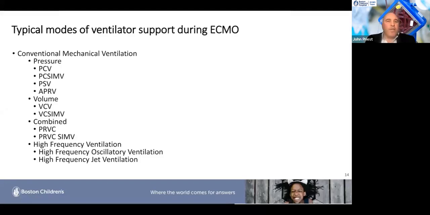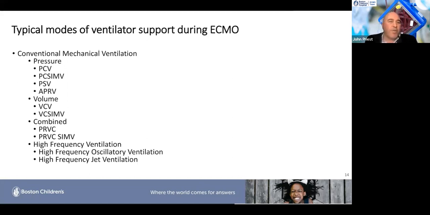So, types of modes of ventilator support during ECMO. I don't have any bias towards any particular mode. Most important is knowing how that mode is going to interact with your patient, and obviously just knowing everything there is to know about that mode. So conventional mechanical ventilation modes: you have a pressure control mode. If you add pressure support, it's pressure SIMV.